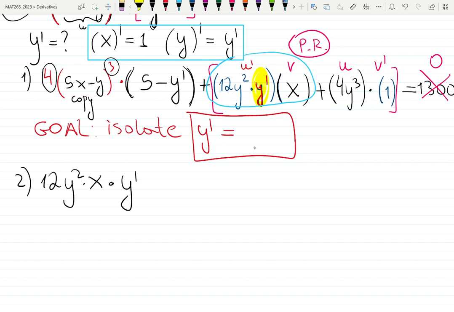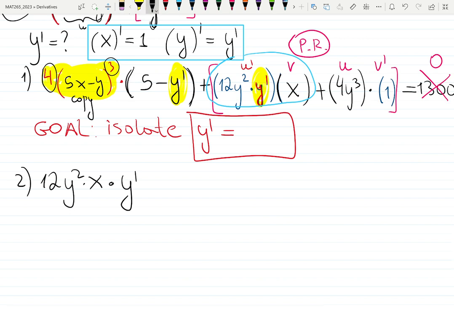I don't need it. Then what's happening at the very beginning? Oh, there's y prime here. So I need to keep this piece on the left-hand side. But it's not standing by itself. It has to be first multiplied by the guy over here. So we're going to do partially FOIL, and this guy is over here. We're going to do some distribution. It's not even FOIL in this case.